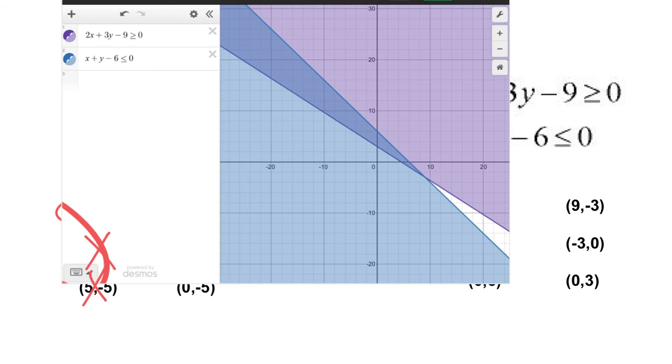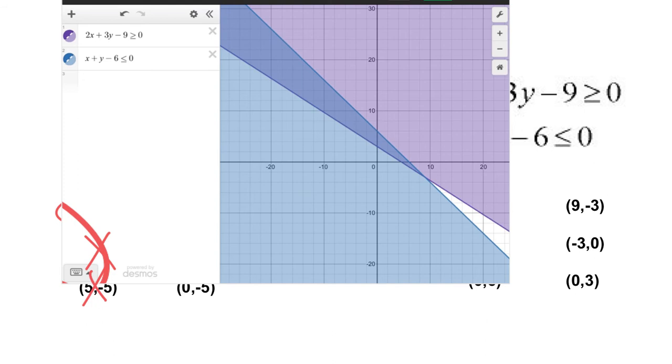What we can see from that is that they're both solid lines, so anything that's on the line is going to count. Also, our point of intersection here will count, because both lines are solid. So anything in the double shaded area or on the solid line, including our point of intersection, will work as solutions because all the lines are solid here.